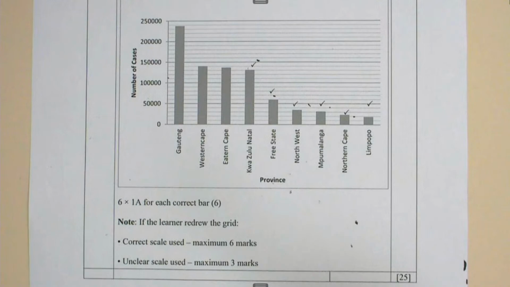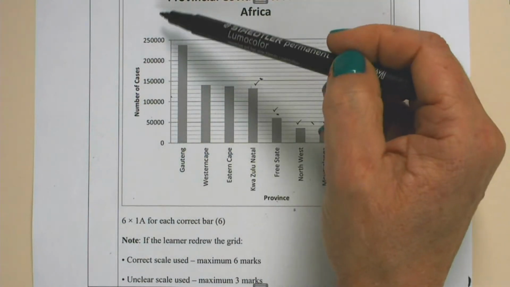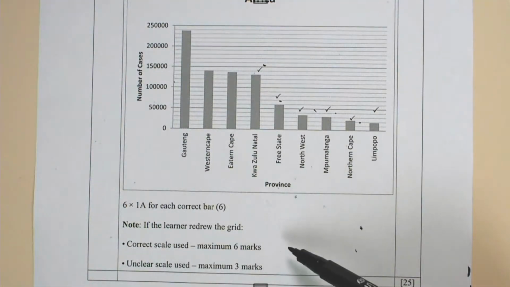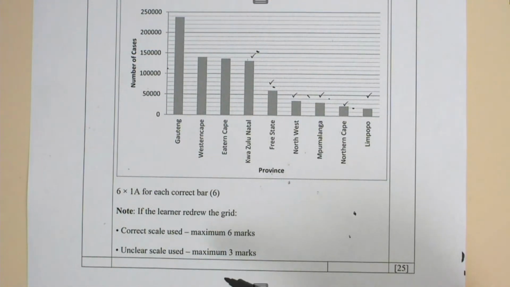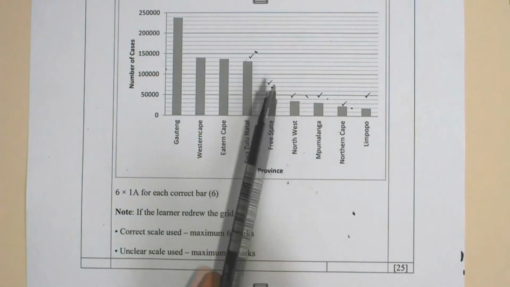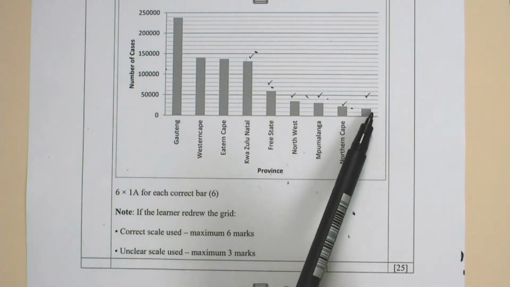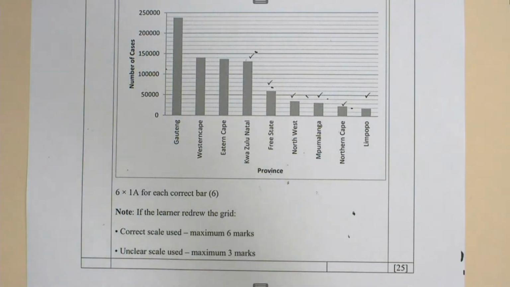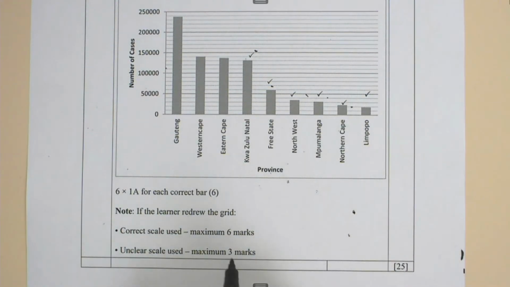If the learners are using the correct scale, which was given here, it's a maximum of 6 marks. If it's not clear what scale the learners were using, say for instance the learners are drawing all of these bars consistently incorrect, so they are misinterpreting the scale, then you can give a maximum of 3 marks.